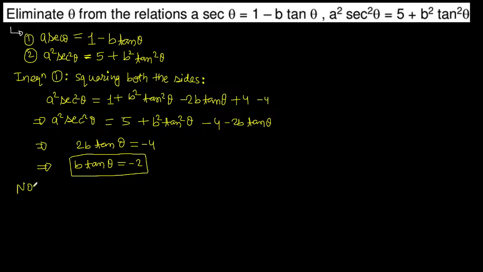So now in equation 1, if we put b tan theta equal to minus 2, we got a sec theta equal to 1 plus 2, 3.